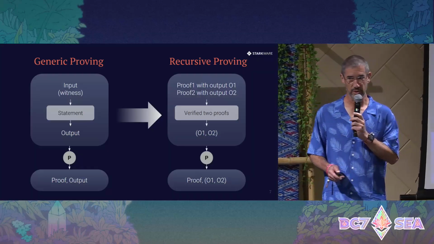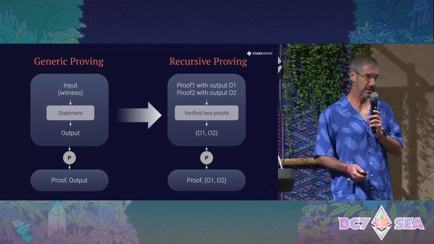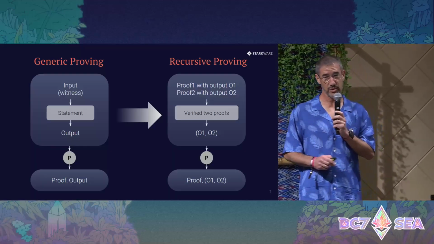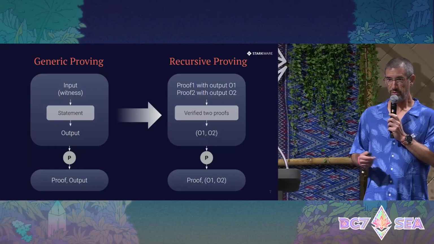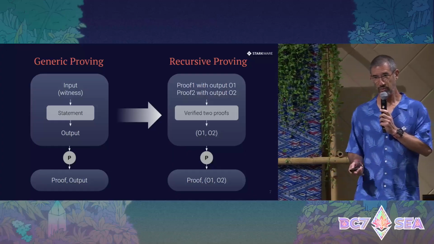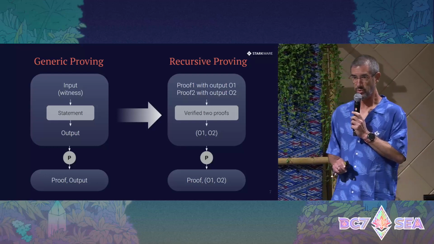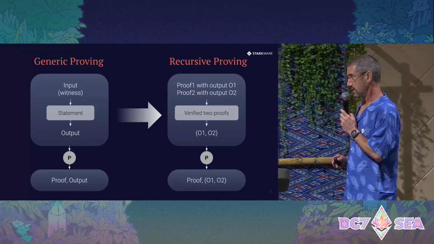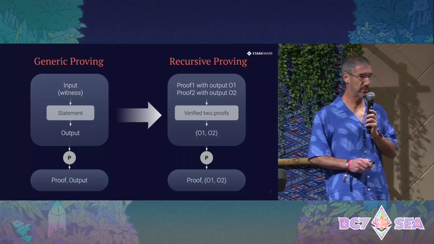So there's no reason that you can't build such a statement. And the result is the 2 outputs, the original outputs, you just copy them from the input to the output. So when we prove this statement, exactly like on the left-hand side, the result is a proof and the outputs that we want to generate, which in this case are output 1 and output 2. What does this mean? We've basically combined 2 proofs with 2 outputs into 1 proof with 2 outputs.